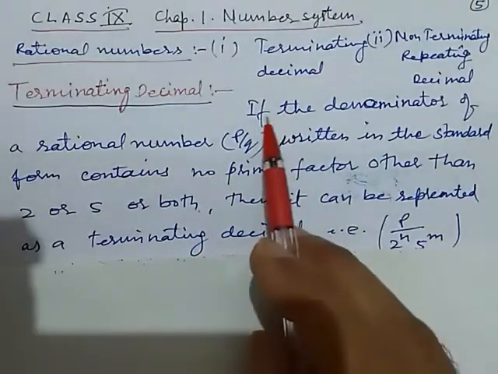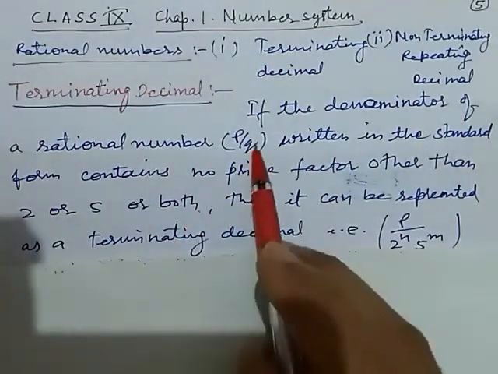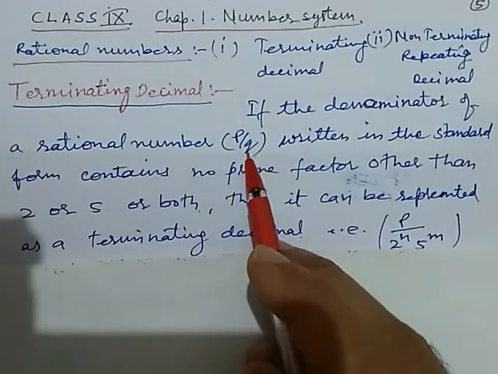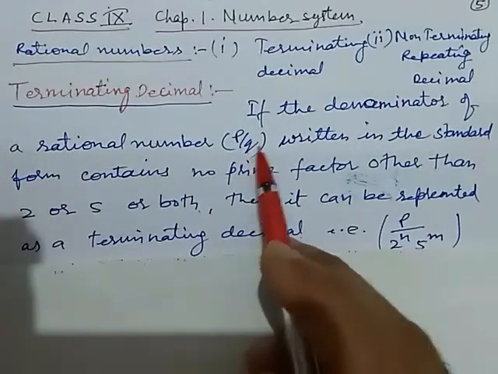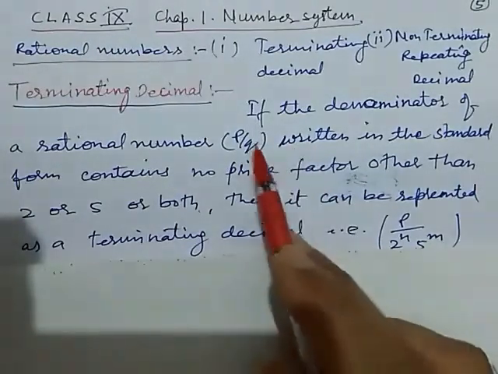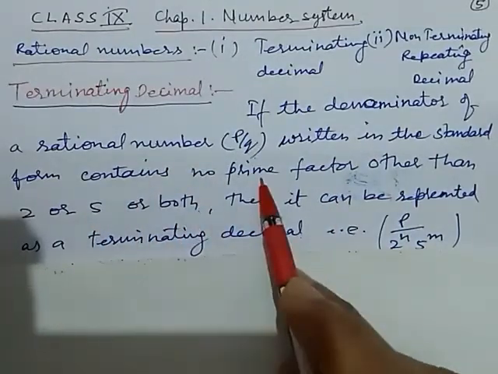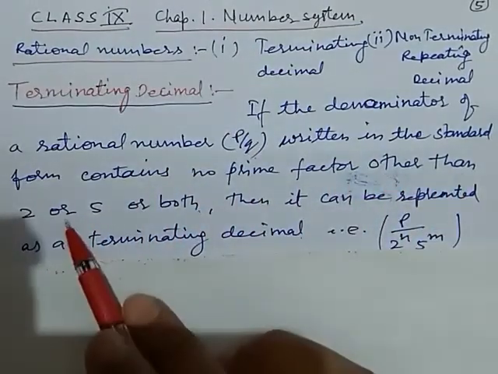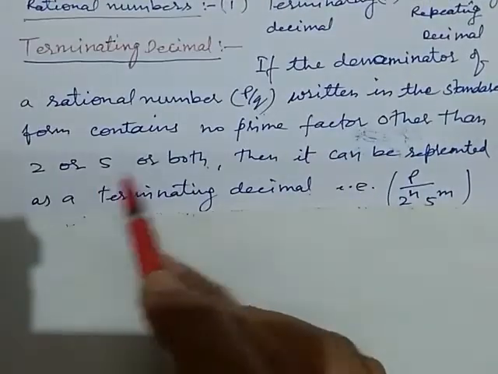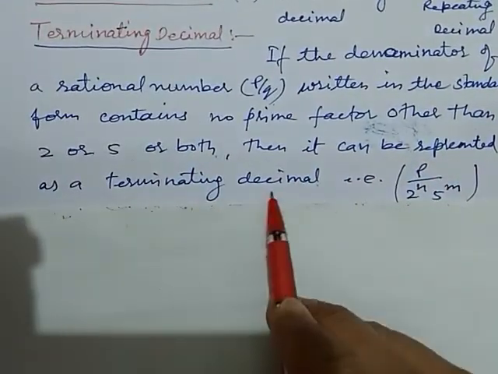Again we repeat: we first find the denominator, that is q, of the rational number, and we check that, written in standard form, it contains no prime factor other than 2 or 5. If q has only 2 and 5 or both as factors, then it can be represented as a terminating decimal.